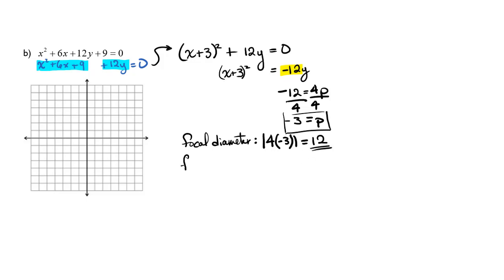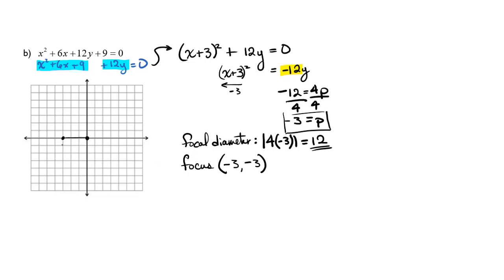The focus is going to be at (-3, -3). And you might be wondering, how do I know that? Well, if you think about the fact that p is equal to negative 3, then I can deduce that this thing has been shifted to the left 3, and so from 0, I'm going to move to the left 3, and p is negative 3.